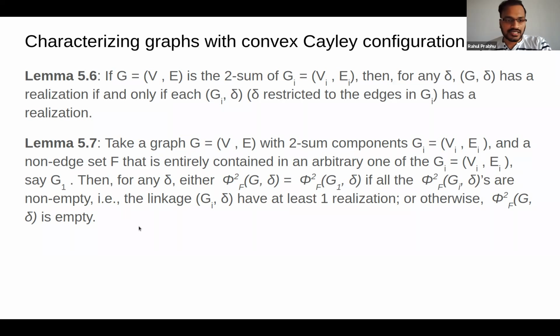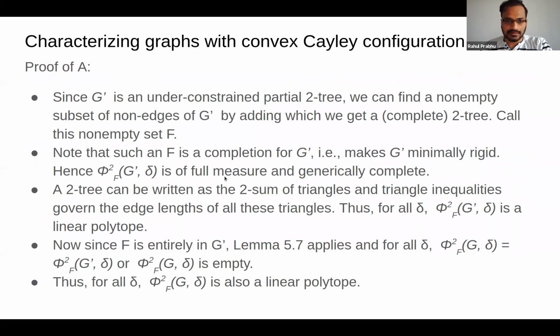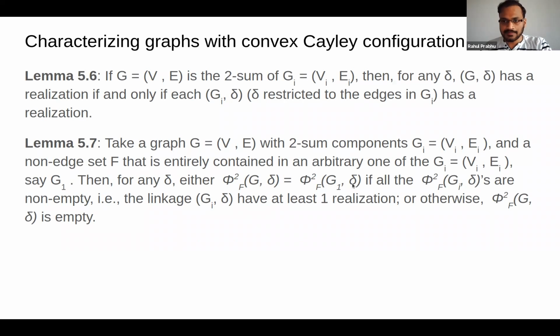These two are the same if all GIs are non-empty, going back to this lemma here. Otherwise, this is empty. So all it's saying is that if you can find a two-sum component and stick non-edges into it, then the configuration space of the two-sum component is the same as the configuration space of the entire graph.